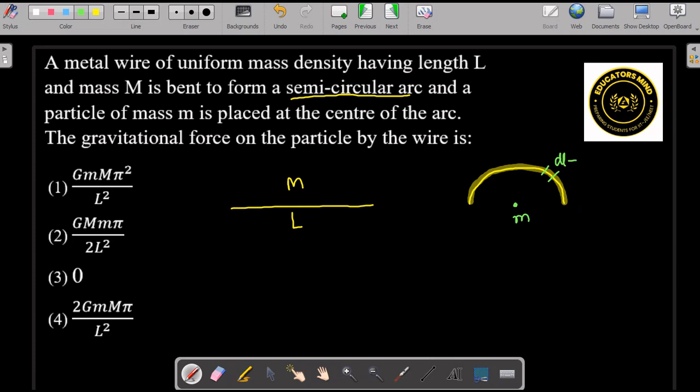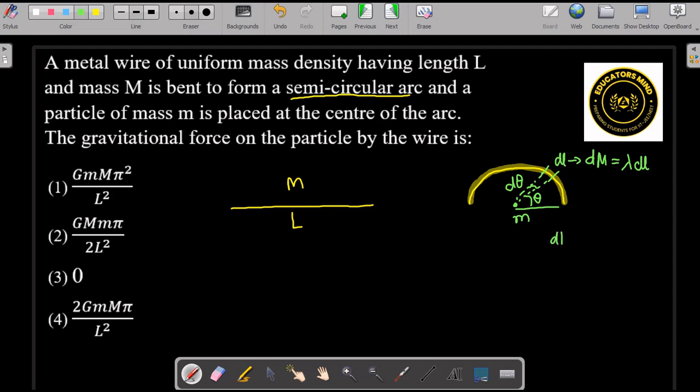So its corresponding mass, right, will be, let us say, dM, which will be lambda into dl, right? And this small angle is d theta, and its angular position will be theta from the x-axis.